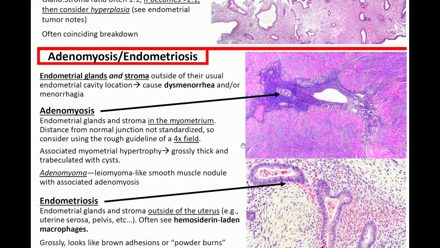And what you're going to want to look for to identify it is endometrial glands, which we have here, and stroma outside of the uterus, and then often you can see hemosiderin-laden macrophages. I've heard you want to see 2 out of the 3. So you want to see endometrial glands and stroma, or endometrial glands and hemosiderin-laden macrophages to call endometriosis. And grossly, it looks like brown adhesions or powder burns.